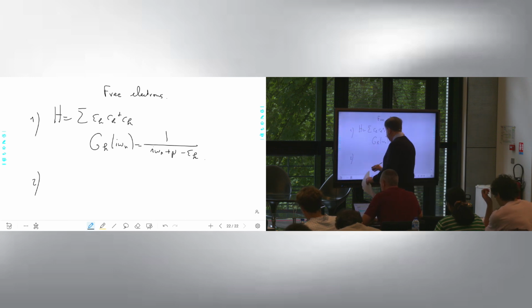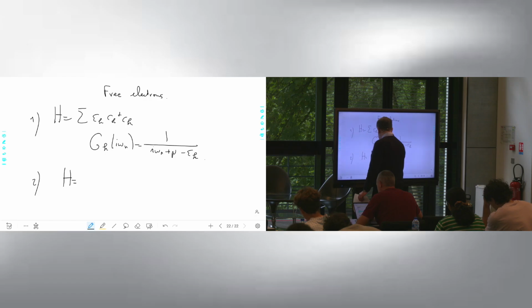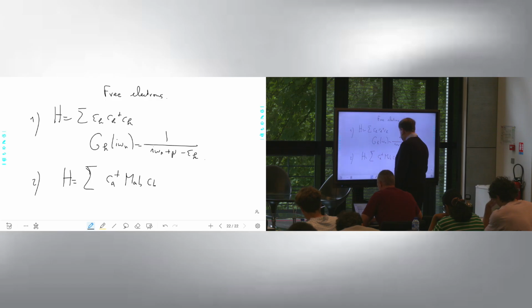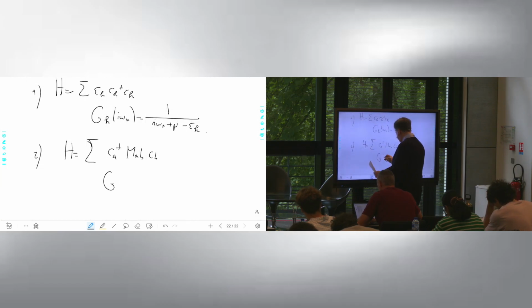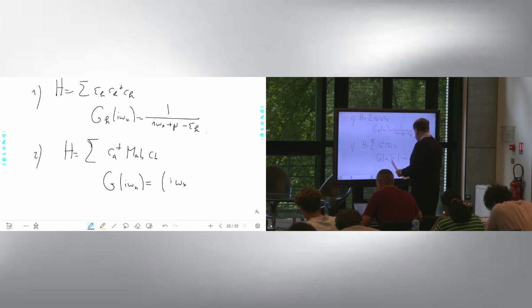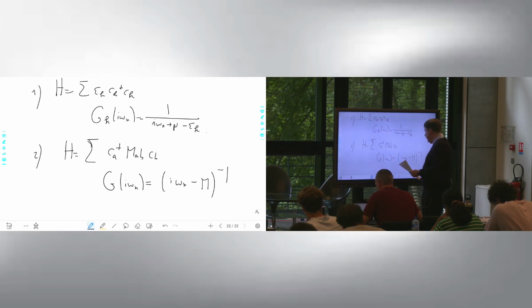And in general, if you have a Hamiltonian which is the sum of C dagger A, M, A B, C B, meaning a matrix, G of i omega n is equal to i omega n minus M to the minus 1 as a matrix.